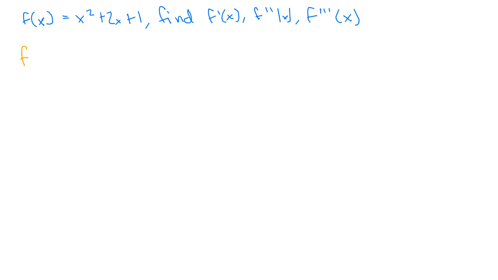Our f prime of x is going to be equal to the limit as h approaches 0 of, we've got a lot in here, big parentheses, x plus h squared plus 2 times x plus h plus 1 minus x squared plus 2x plus 1, all over h.